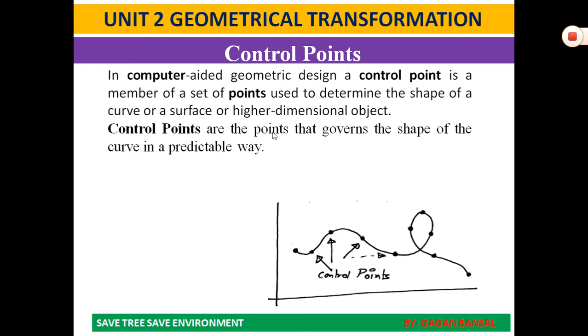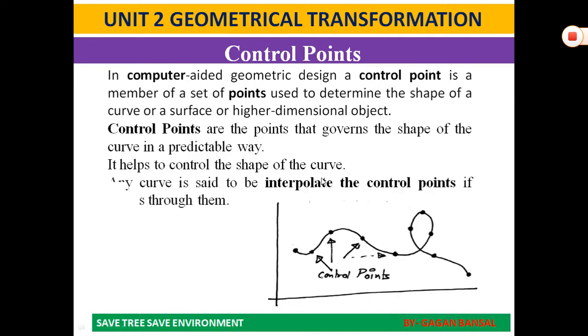Control points are the points that govern the shape of the curve in a predictable way. As you can see in this particular figure, say we have a curve which has a different slope and curvature. So these dotted points represent the control points. Let me take it in a more clear manner. It helps to control the shape of the curve.